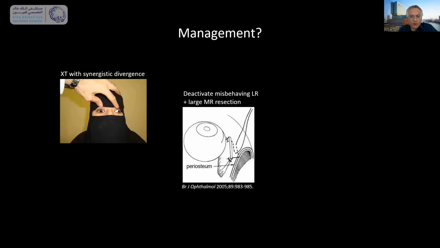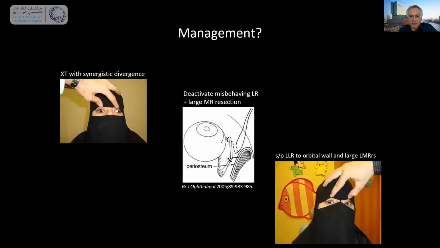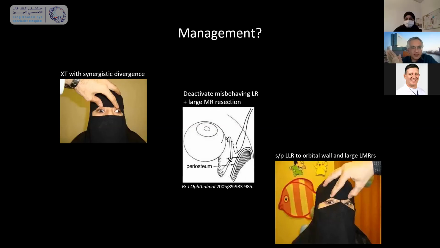So basically what we did was we deactivated the lateral rectus, suturing it to the periosteum, take it out of the picture, and she had a viable medial rectus, and we just did a maximum huge medial rectus resection, and we got her eye in a decent position, and she no longer had that aberrant movement. It's not the only approach, but the point here is we've got a misbehaving muscle and we have to deal with it somehow. And if we just did recess resect, we're not dealing with the misbehaving muscle.